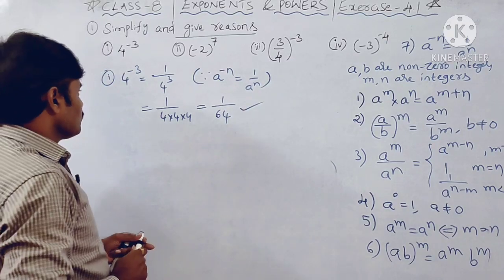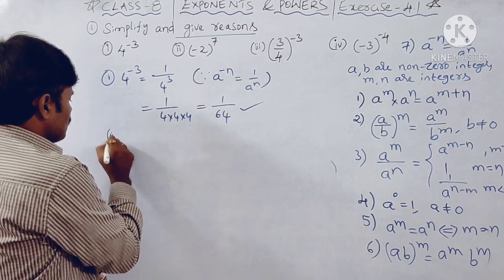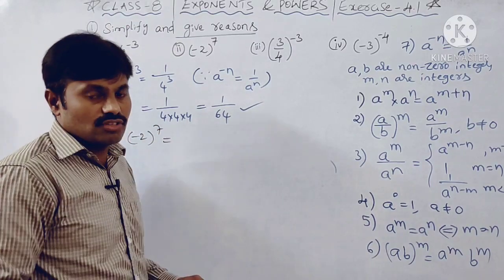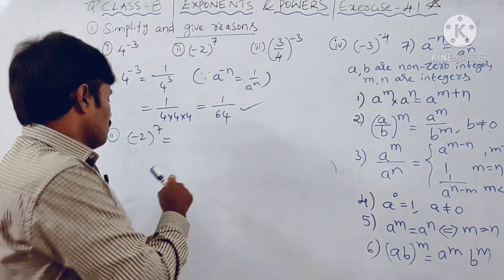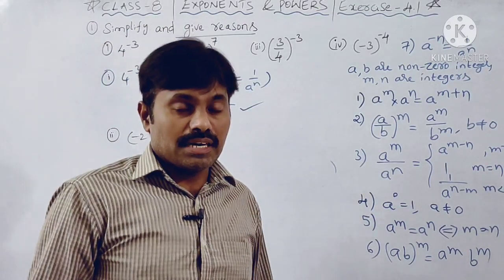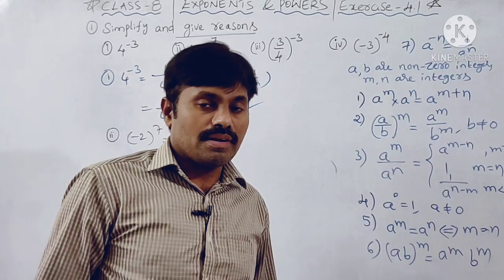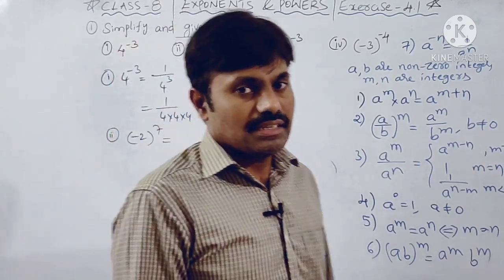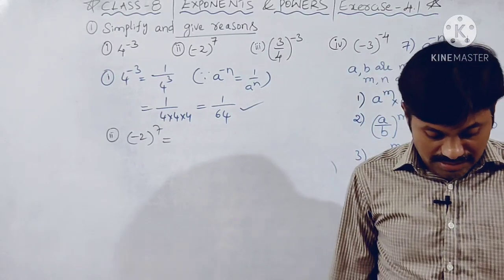The second one is minus 2 to the power of 7. So what is the meaning of it? The meaning is we must multiply minus 2 by itself.